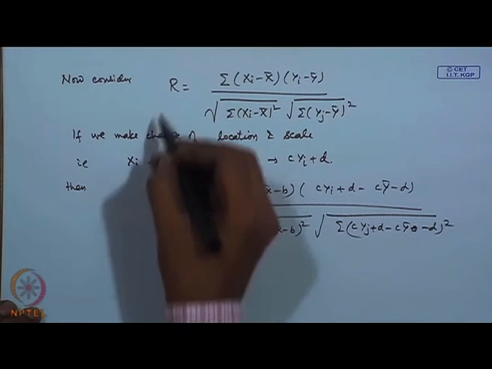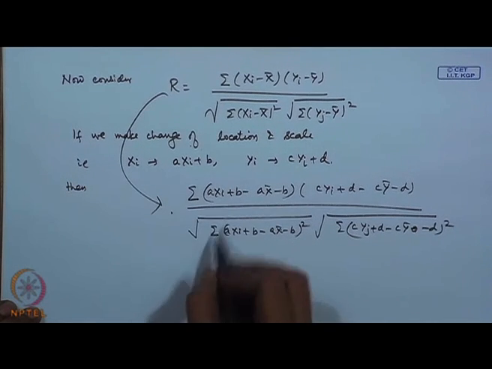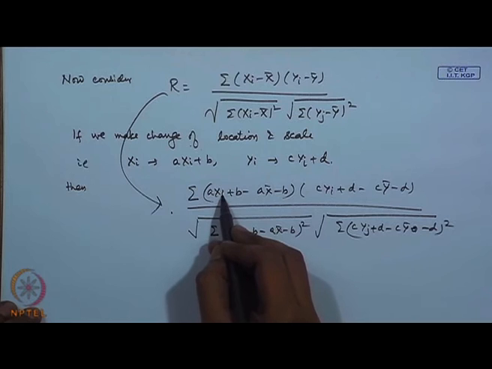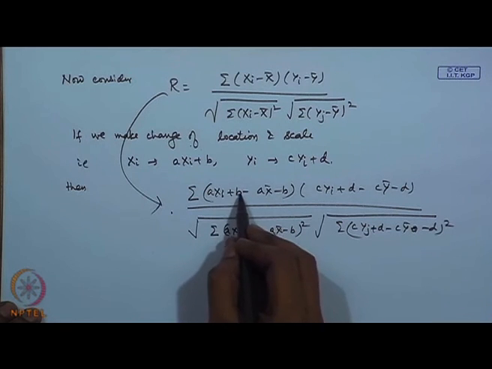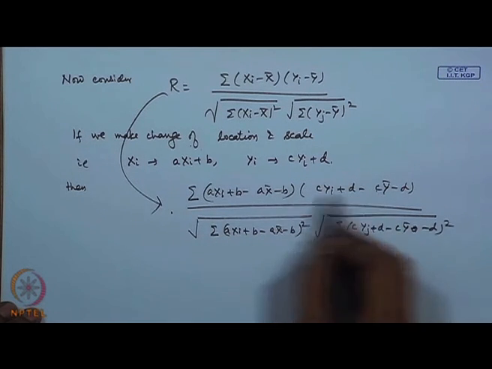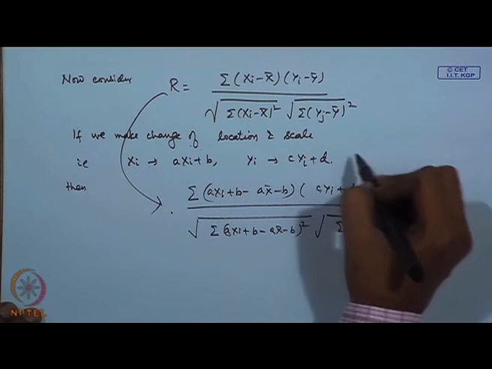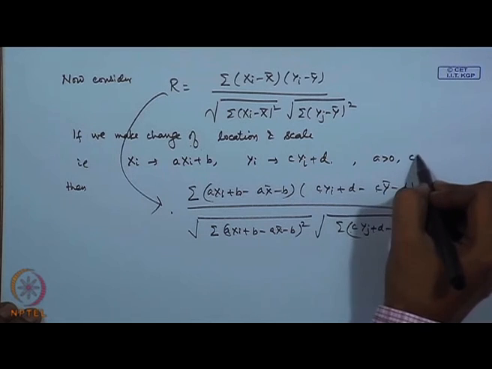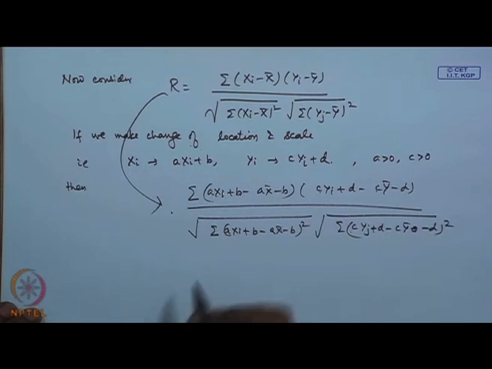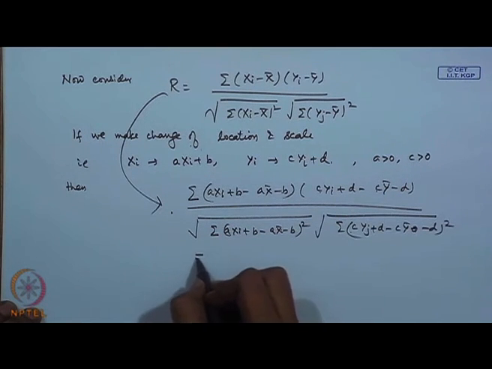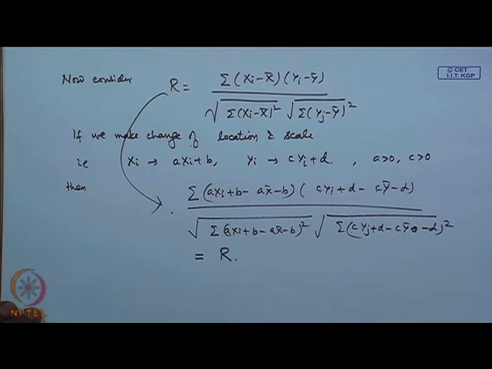Now if you see here, b will cancel, d will cancel, c and a will come out, and here also a and c will come out. So, we of course put the condition a greater than 0 and c greater than 0. Then this is equal to R again.